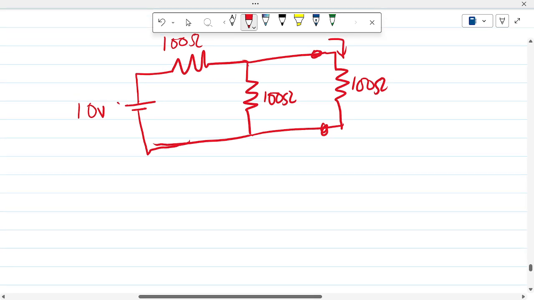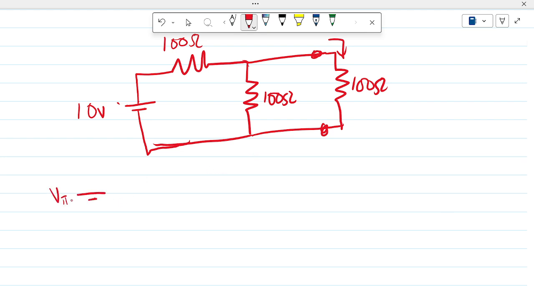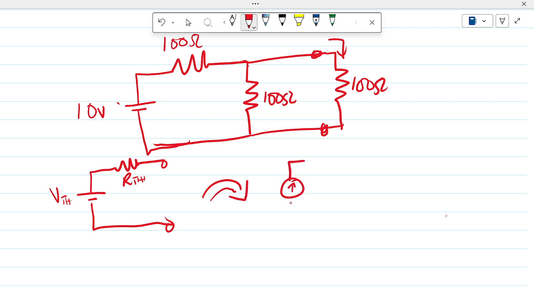So what does Thévenin theory say? Thévenin theory said we have the equivalent Thévenin as this, then our RTH, and Norton is now saying we apply source transformation, call that I Norton, RTH, then our node comes in here.